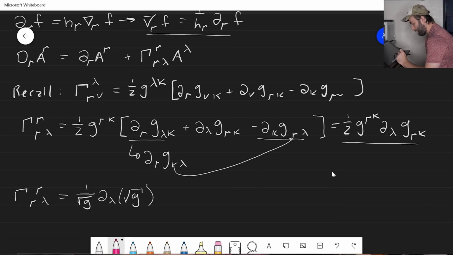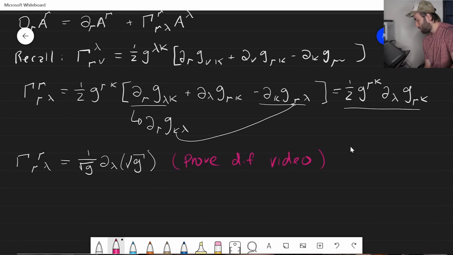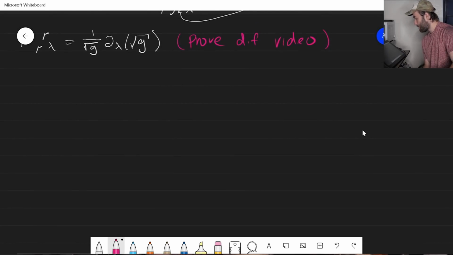So this step here we're going to prove in a different video. And the reason for that is because derivatives of things like determinants of the metric show up in more places than just this.